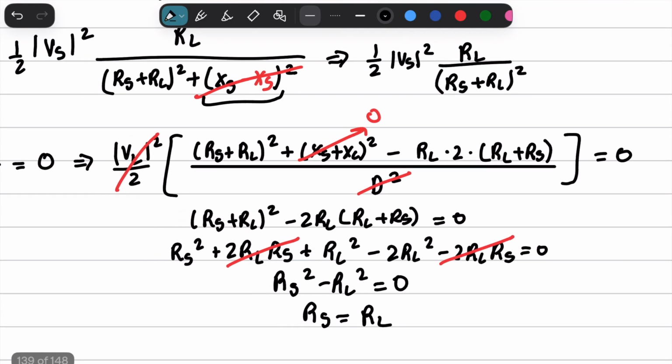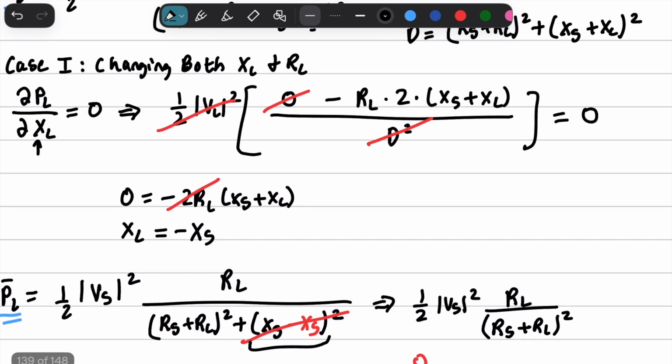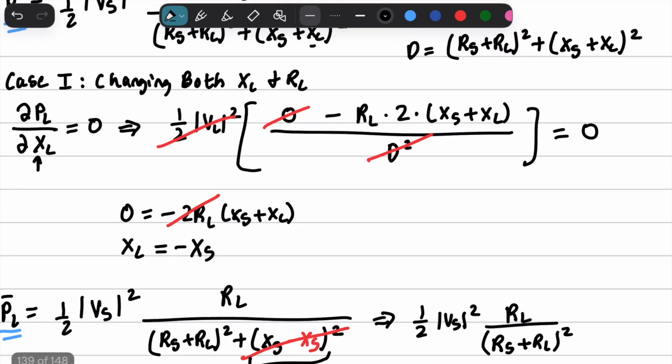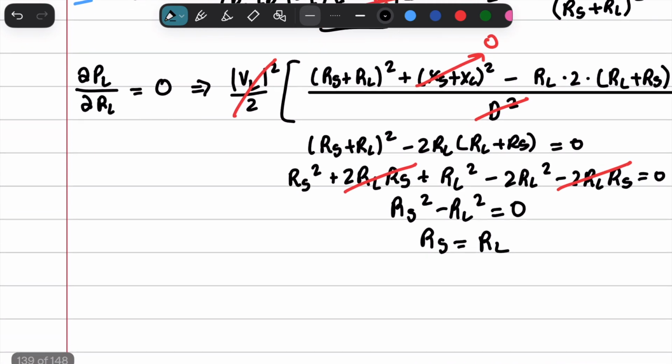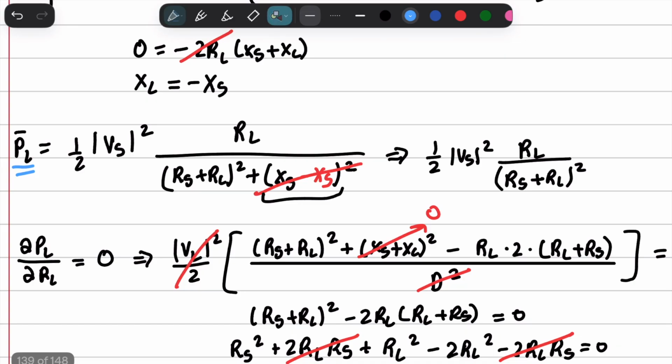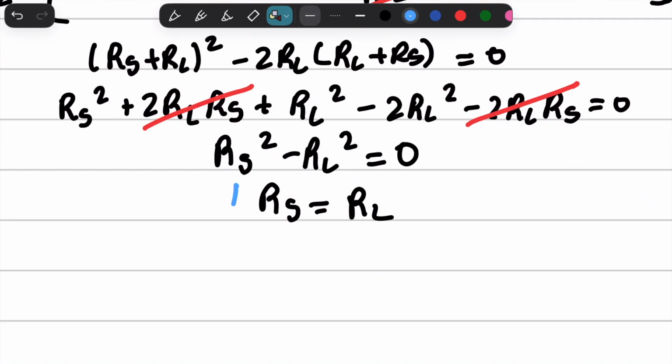So in optimizing for case 1, where we have full control of changing the reactance, so the capacitors and inductors, and changing the resistance, so the resistors in this network, we can see that ideally we would want XL to equal the negative of XS, effectively canceling each other out, and RS equaling RL to gain maximum power.